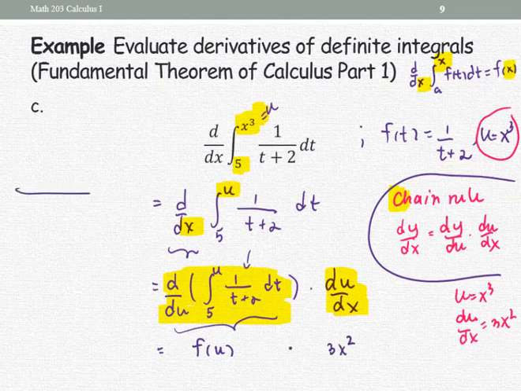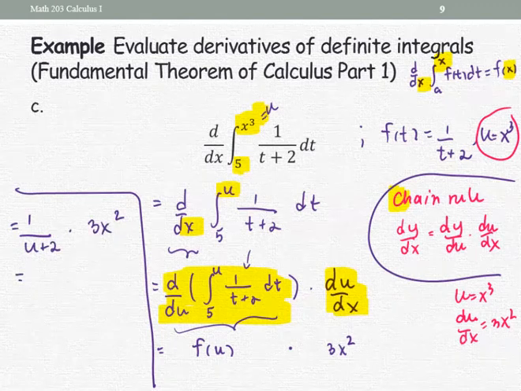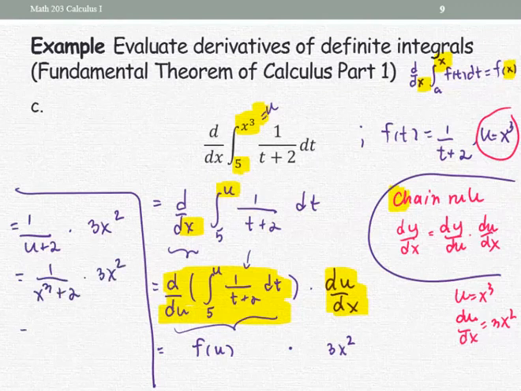And next, just complete the problem by substituting u with x to the third to have 1 over u plus 2 multiplied by 3x squared, where u is x to the third. Then we get 1 over x to the third plus 2 multiplied by 3x squared, or 3x squared over x to the third plus 2 as the result.